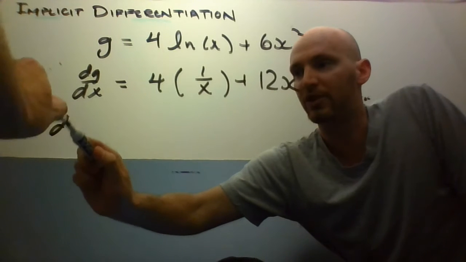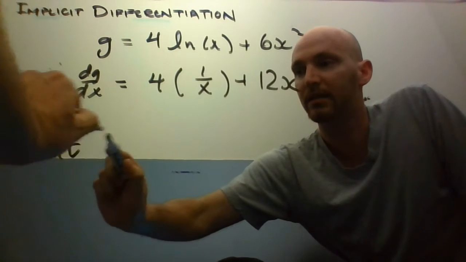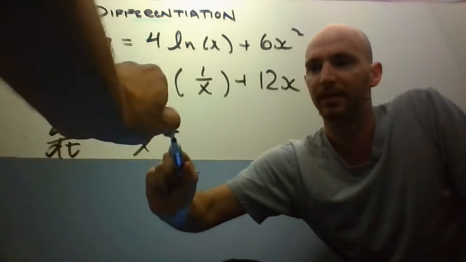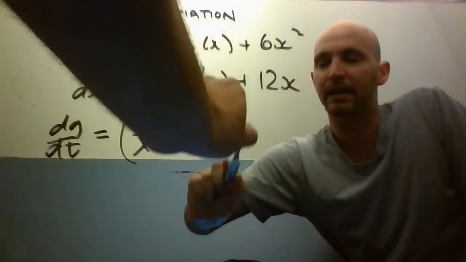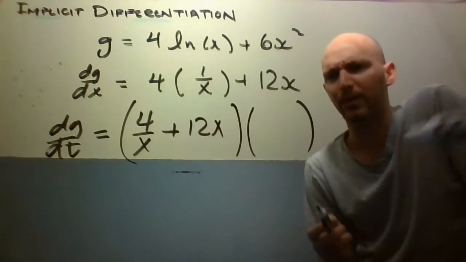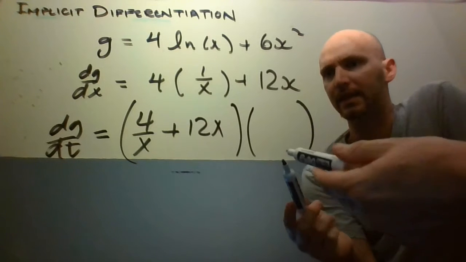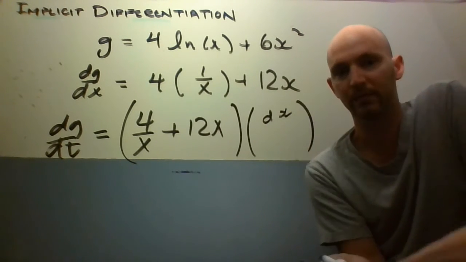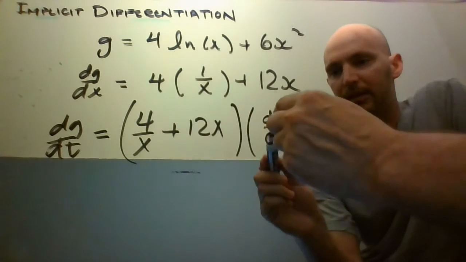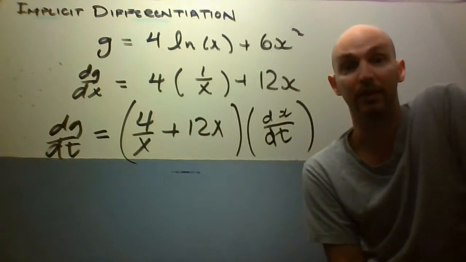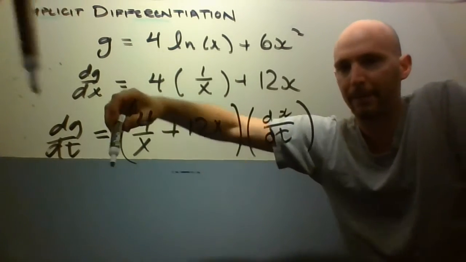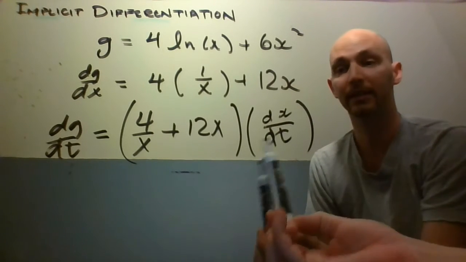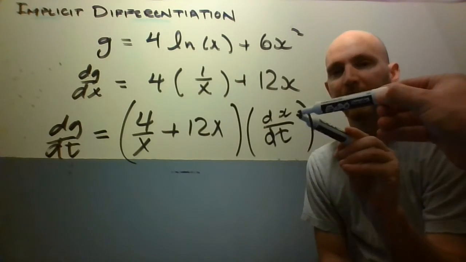If I needed to know dg by dt, well, that's just the derivative here, 4 over x plus 12x. And I need to attach a correction factor. So the correction factor that goes here is the variable that I was given by the variable that I'm trying to use. So I've got a match between this t and this t, and then I have this x kicking around up there.